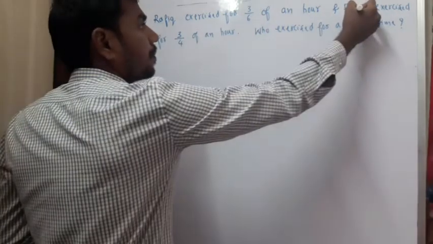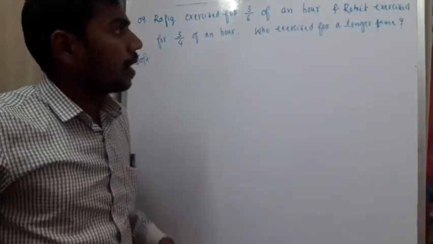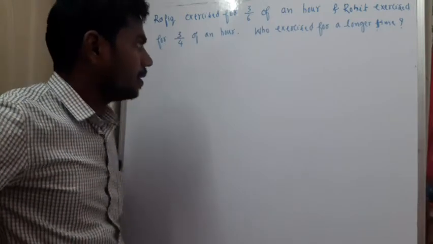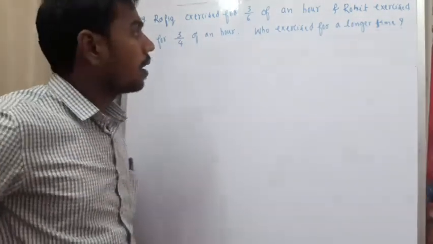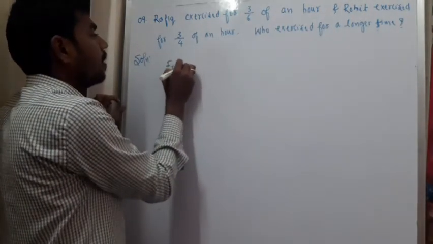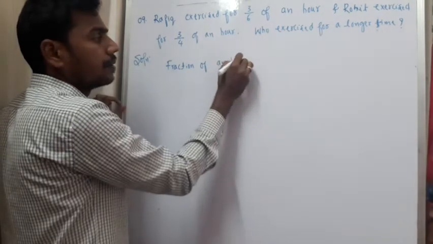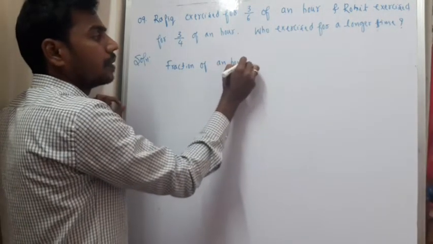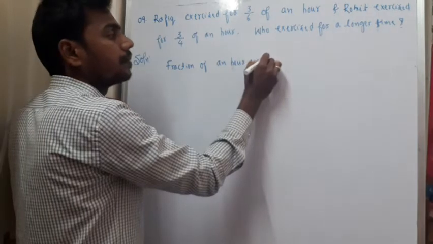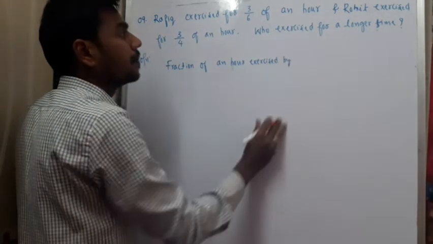Next question. Rafiq exercised for 3/6 of an hour and Rohit exercised for 3/4 of an hour. Who exercised for a longer time? Fraction of an hour exercised by whom?